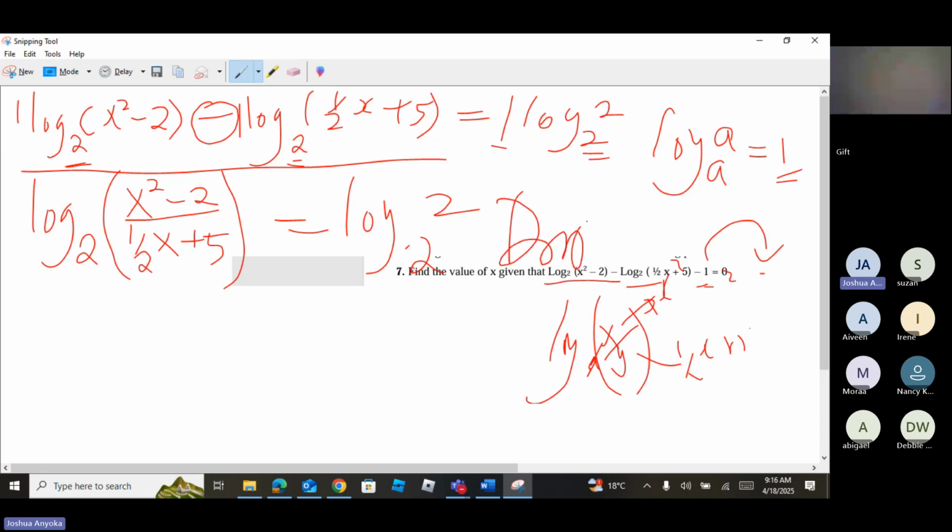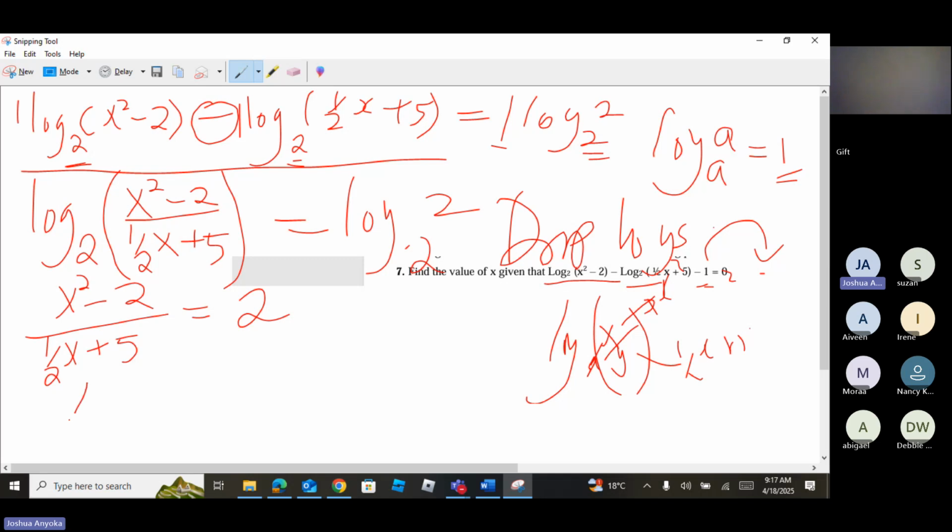We drop logs because we are talking about the same thing on both sides. We can easily work with numbers alone. Because their logarithms are equal, the numbers also should be equal. So we drop logarithms, and we remain with x squared minus 2 over half x plus 5 is equal to 2.